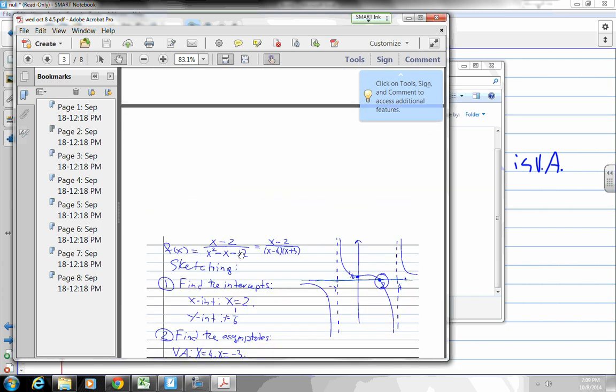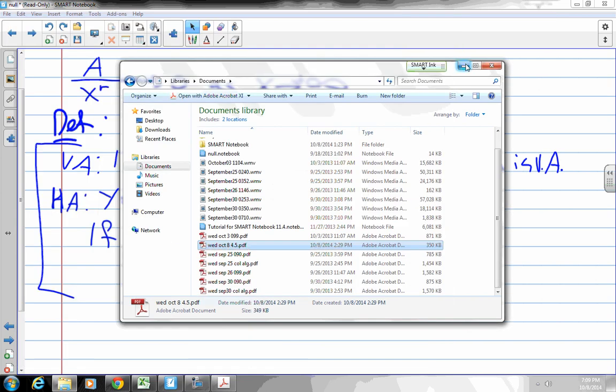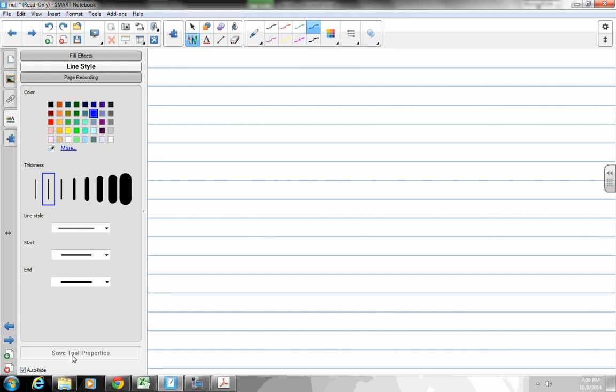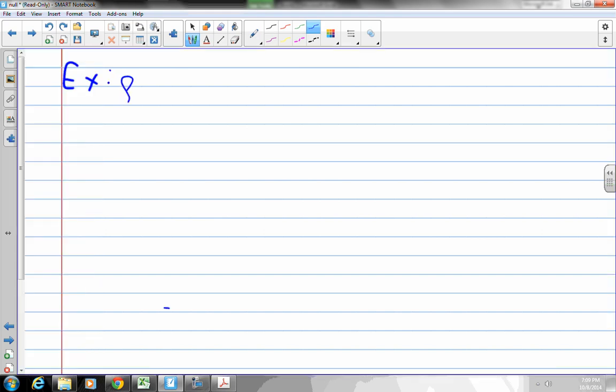Oh yeah, let's try that one. f of x equals x minus 2 over x squared minus x minus 12. So here's the function that I want to try and sketch the graph of.